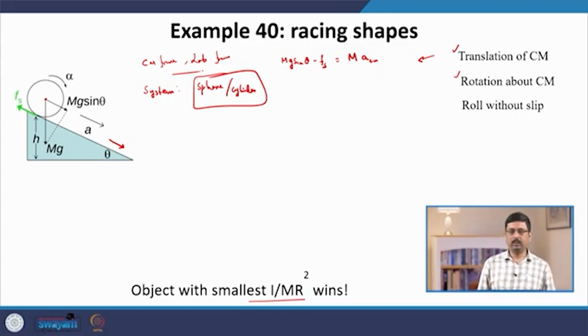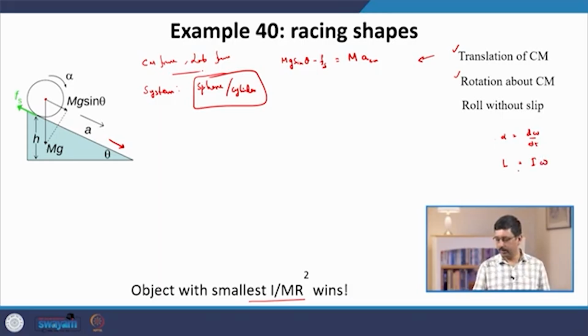Now, about the rotation about the center of mass. We saw that alpha is d omega dt. In this case, this is a particularly simple case where the angular velocity is fixed and passing along the axis of the object, and the angular momentum and angular velocity are in the same direction. Because the axis of rotation is an axis of symmetry of the object, it is a particularly simple case.